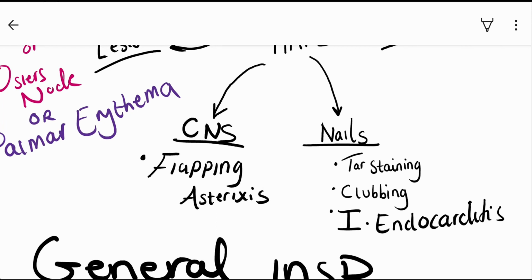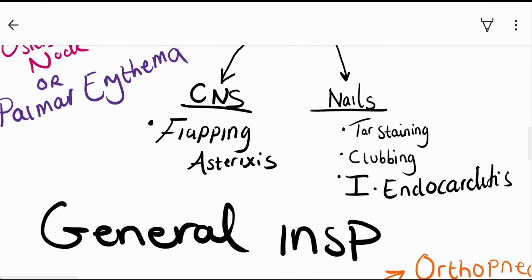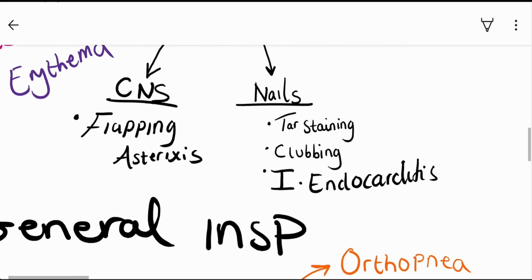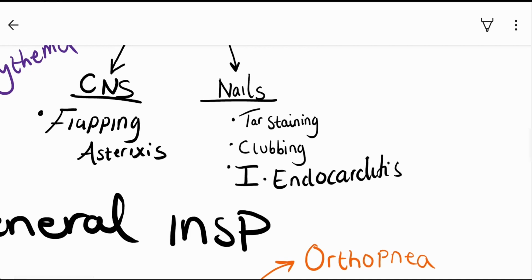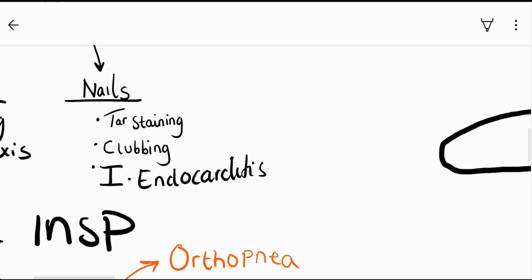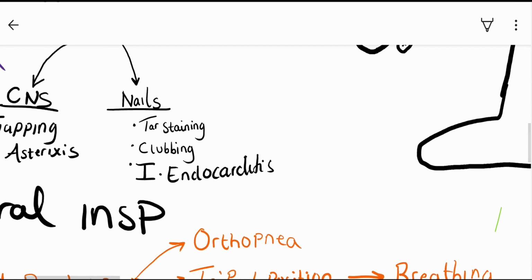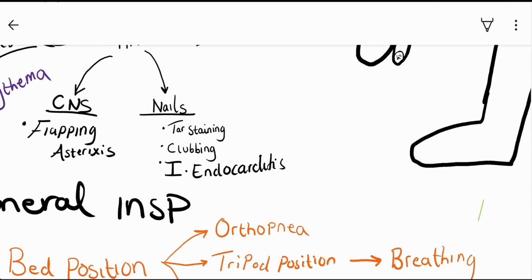This could be some problem to do with the CNS. Okay, it could be CO2 retention. Looking at the nails could be very useful. Like I said, clubbing. Also, you can have tar staining, of course, from excessive smoking, clubbing, and also you could have infective endocarditis. You could have these pinpoint hemorrhages on the nails.